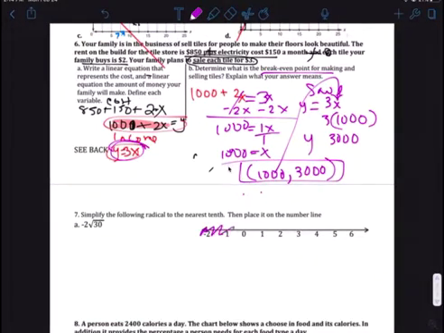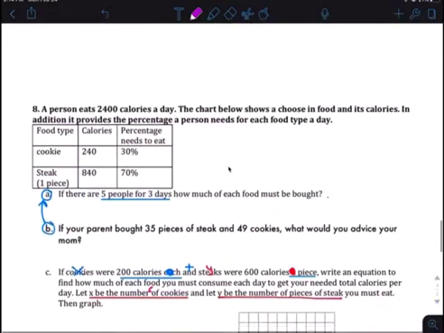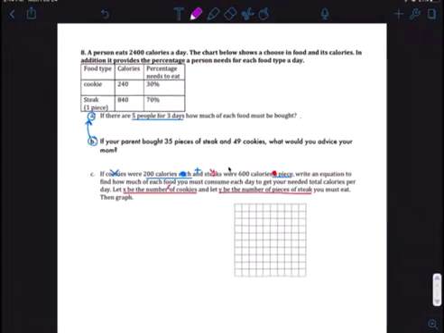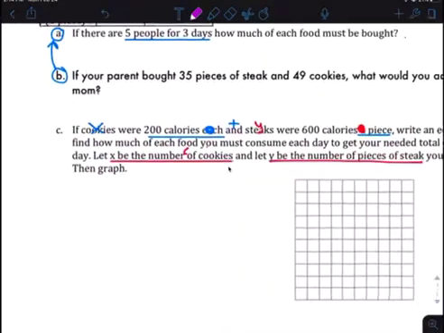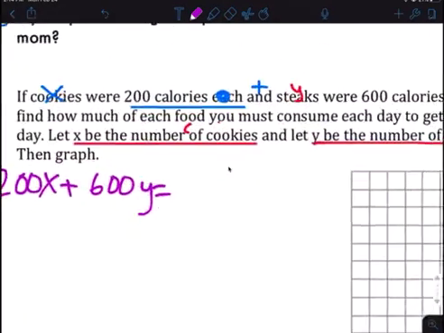Number 7, most classes I wrote this wrong. We did a lot of this in class. Number 8 is pretty much the same thing as the first one, so you need to read. In most classes we did this, so the rest I need you to know. 200x plus 600y equals the total of 2,400.